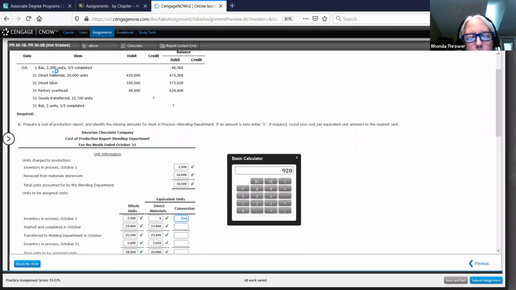So again, 2,300 times 2/5 is 920. That's how I got that. And that's the answer for the conversion equivalent units for beginning inventory. 2/5 of those units need to be finished during this period of time. Once we get those 2/5 completed with respect to conversion, they all become finished units that will be transferred out of the work in process account.